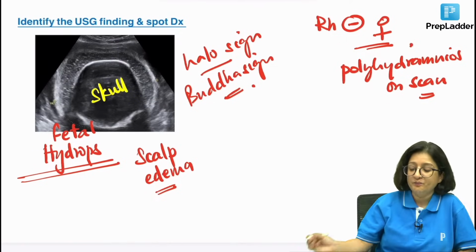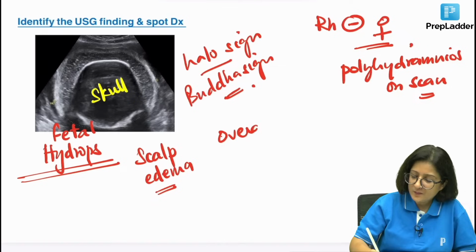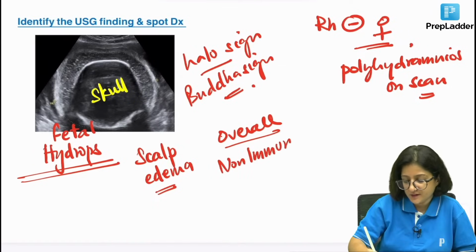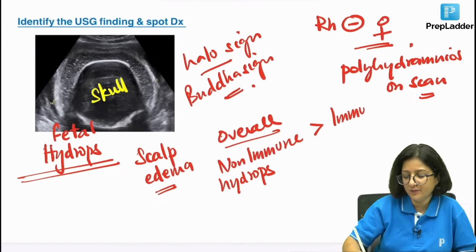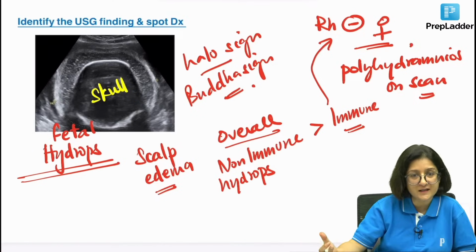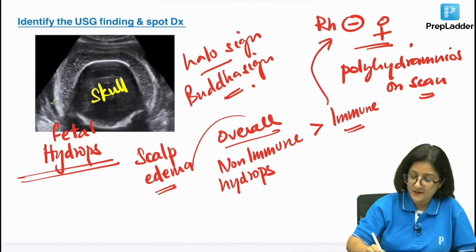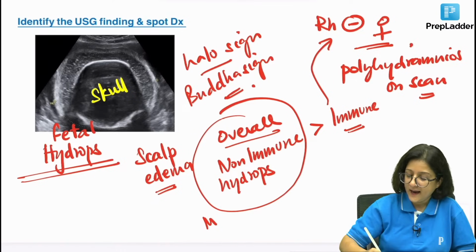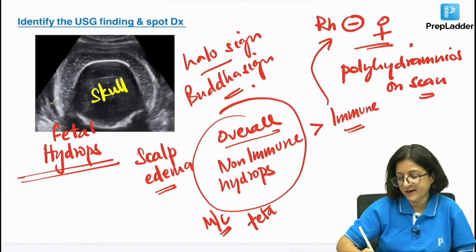Okay. Now, overall, please also remember, non-immune hydrops is more common than immune hydrops. When I say Rh negative or Rh affected fetuses, we are talking about immune hydrops. But overall, non-immune hydrops is more common, and the most common cause is fetal cardiovascular system anomalies.